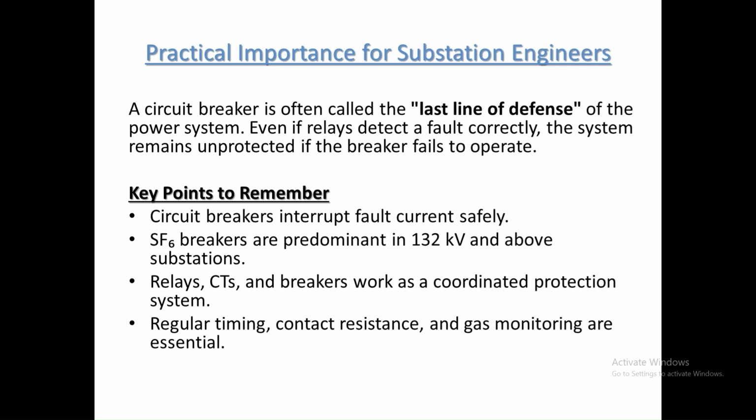Next, we will analyze that it is the last line of defense of the power system. If the relay detects a fault correctly but the breaker fails to operate, the system remains unprotected. Got my point? If the breaker fails to operate, whatever the relay, whatever the CT, whatever the PT, that goes in vain.